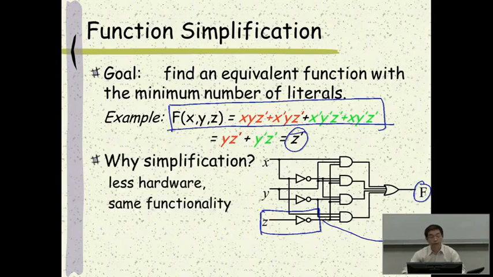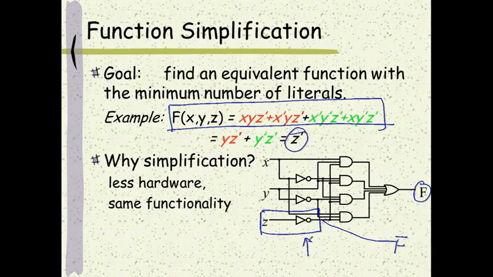So from here we see why people do simplifications. Compared to these 2 designs, this one uses far less hardware. And less hardware normally means lower power consumption and faster speed. And the bottom line is they implement the same functionality. So in some sense, we say this is a better design.